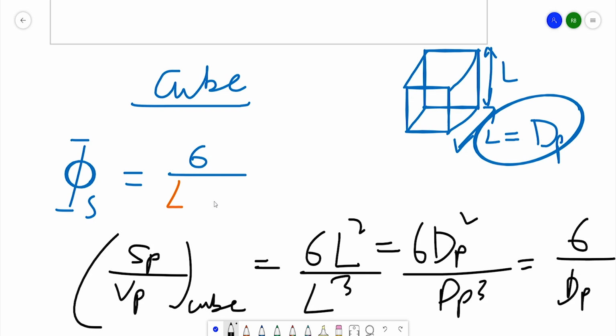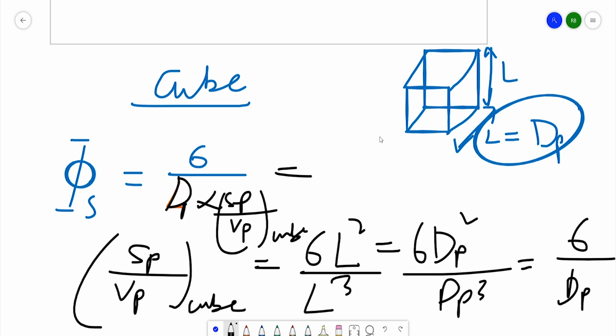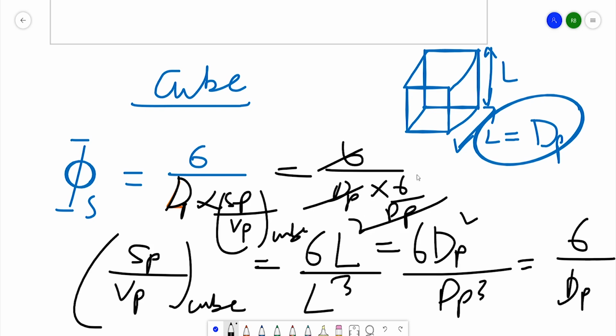Now you put it here, Sp by Vp for a single cube particle, so instead of L, you assume it's dp. So Sp by Vp is 6 by dp. The whole thing cancels out, so you get 1. So the sphericity of a cube is 1.